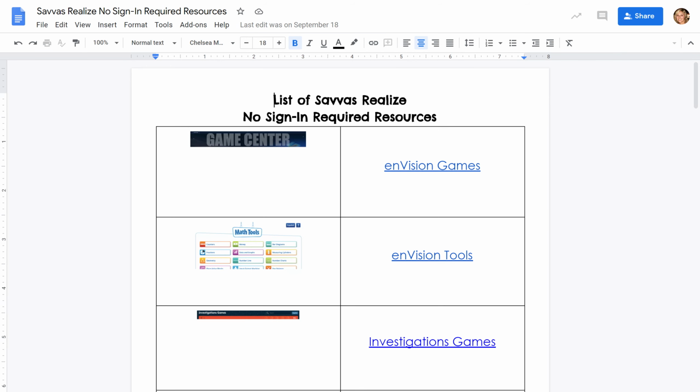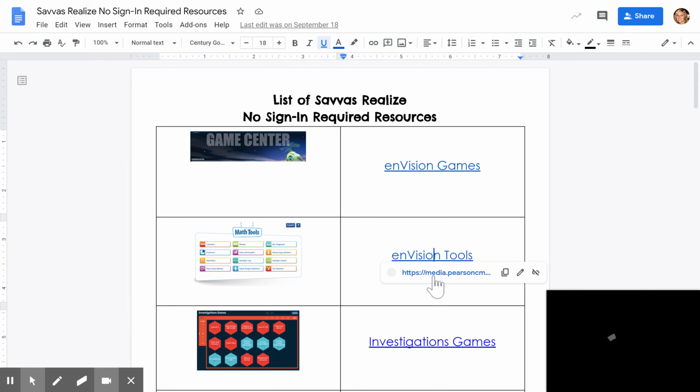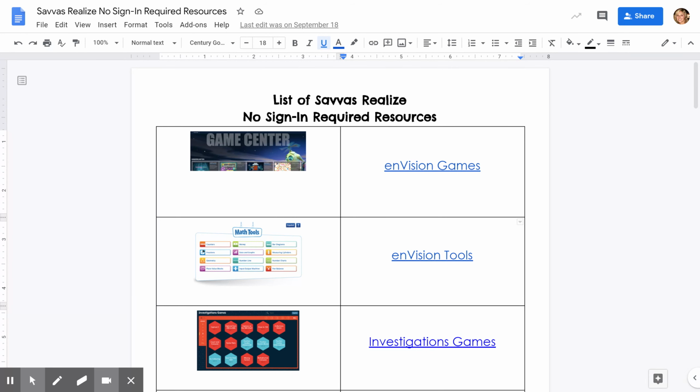Now I talked about this in class as well. So I'm going to click on Envision's tools. I am then going to click on that. I'm going to switch what I'm looking at. So 1 second.